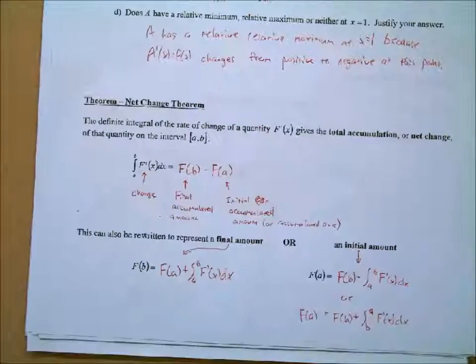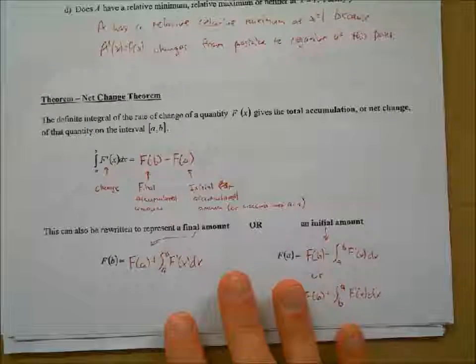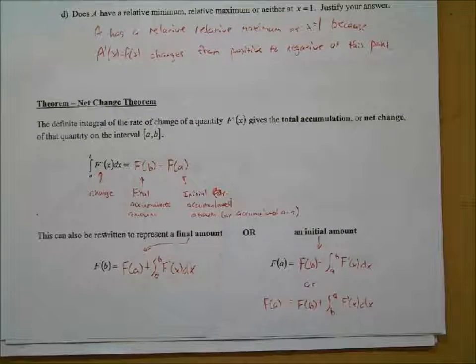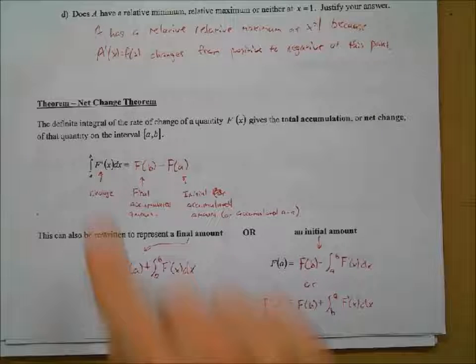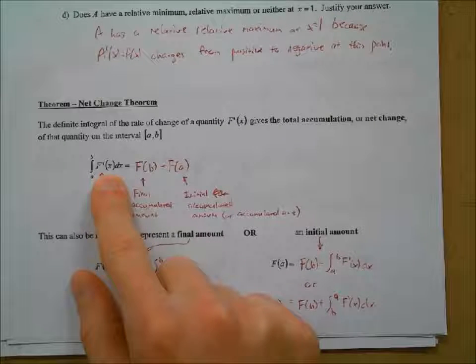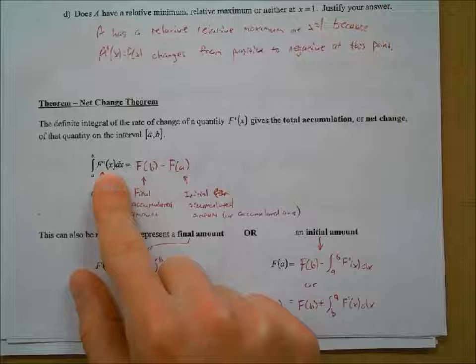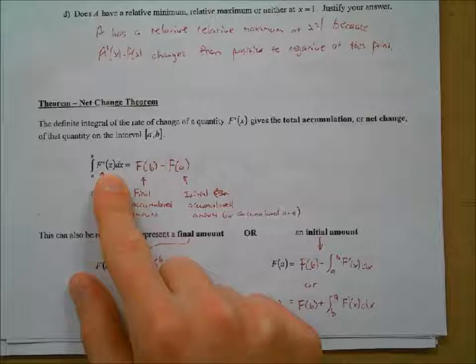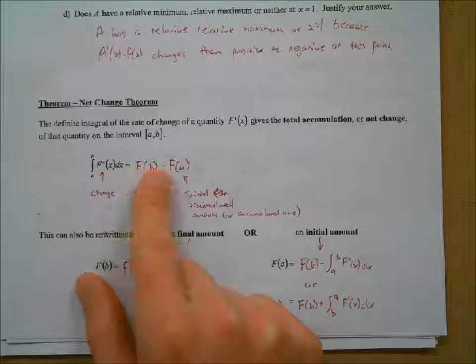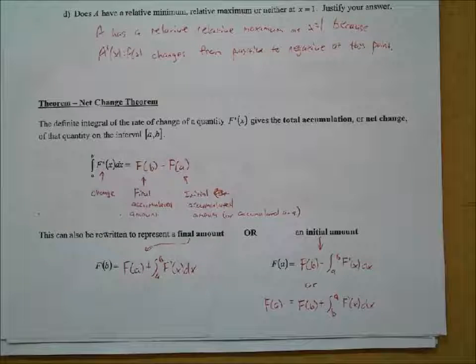Finally, one other big concept we've hit in this section is the net change theorem. When you integrate the rate of change of a quantity, the result is the total accumulation or net change of the quantity, the change in the amount that you've got there.